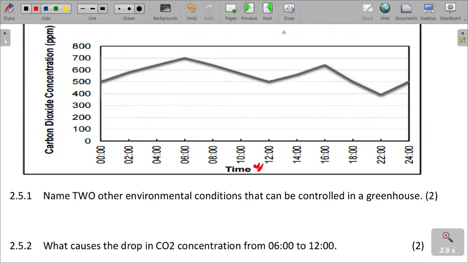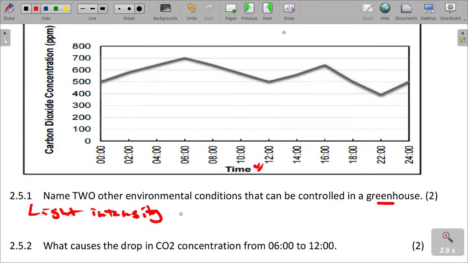The question says, name two other environmental conditions that can be controlled in a greenhouse. In a greenhouse, obviously light intensity is controlled, the strength of light that enters.